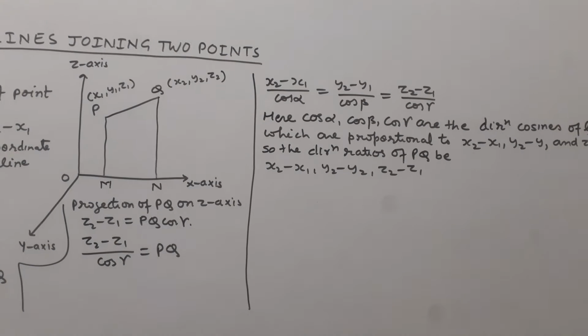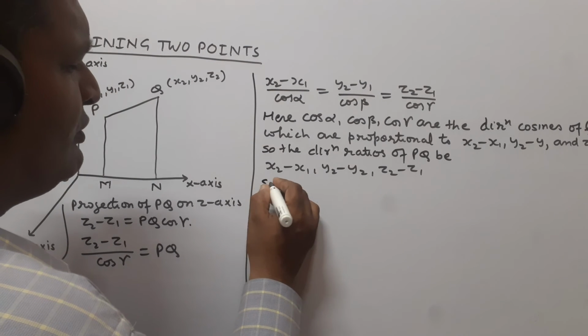So if we have to find the direction ratios of a line passing through two points x1, y1, z1 and x2, y2, z2, we find the direction ratios as x2 minus x1, y2 minus y1, z2 minus z1. Now we find the actual direction cosines.